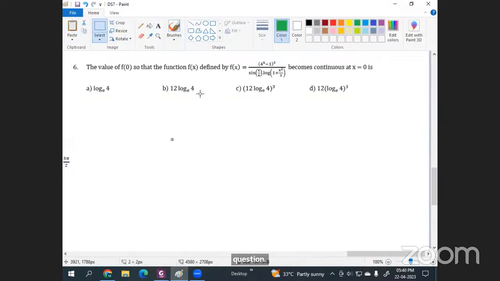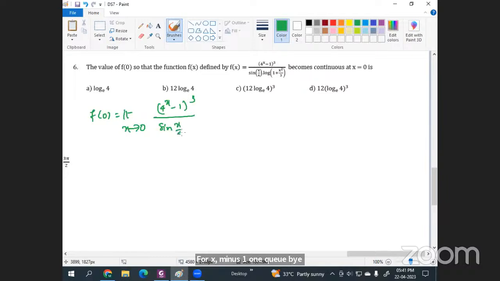Right. Now I have to calculate f of 0 equal to limit x tends to 0, 4 power x minus 1 whole cube by sine x by 4 log of 1 plus x square by 3. Right? Now here you can apply the 0 by 0 L'Hopital rule.